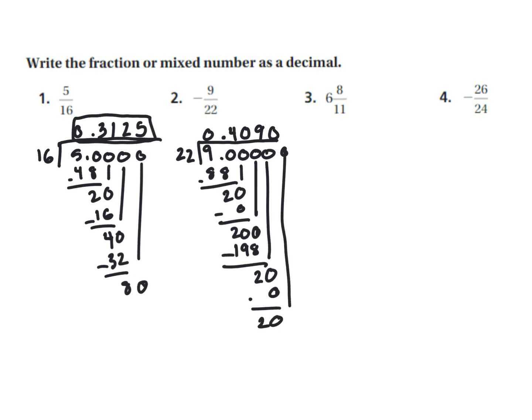So we bring down another 0, and now we can see this pattern is going to start going on where we have the 0909. So we'll just put a repeating bar above the 0 and the 9, and we'll say that this is negative 0.409 with a repeating bar.